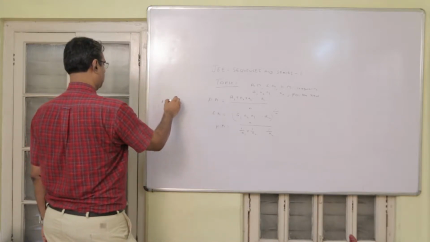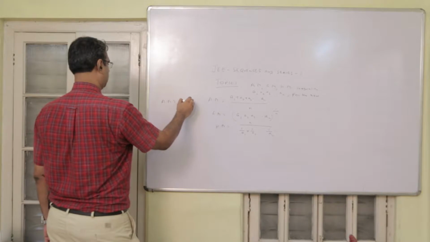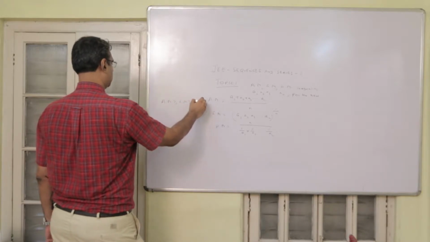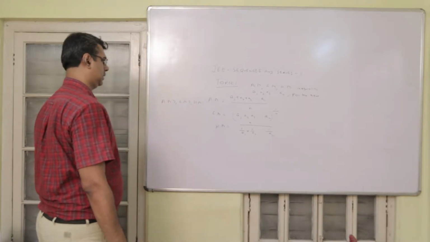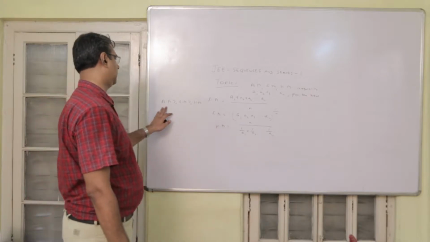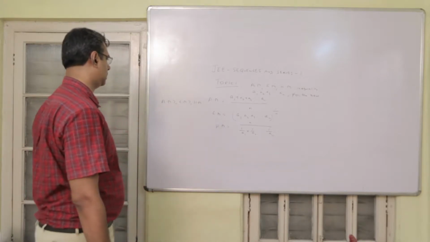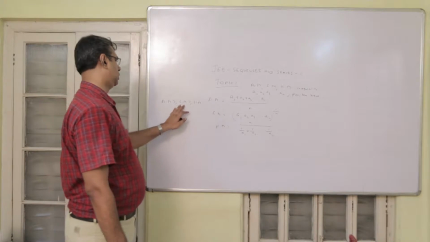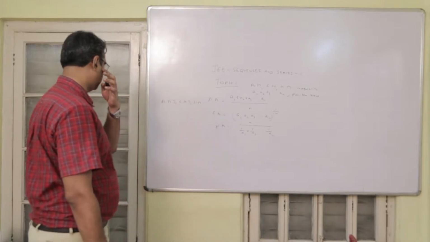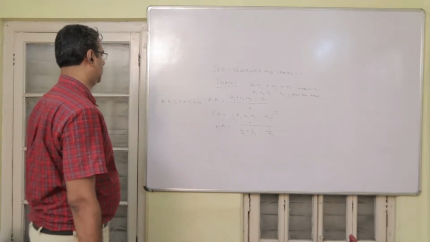The inequality is that for a set of positive real numbers, the arithmetic mean will be greater than or equal to the geometric mean, and the geometric mean will be greater than or equal to the harmonic mean.